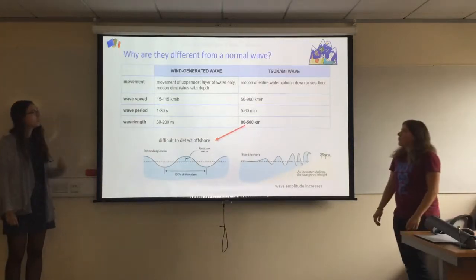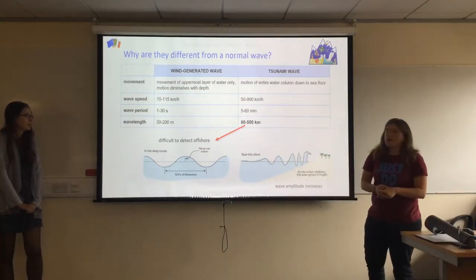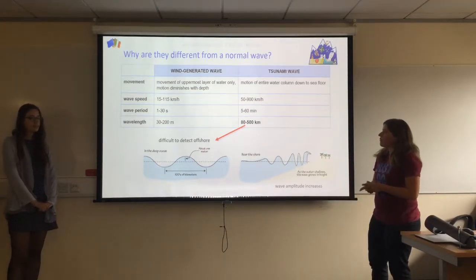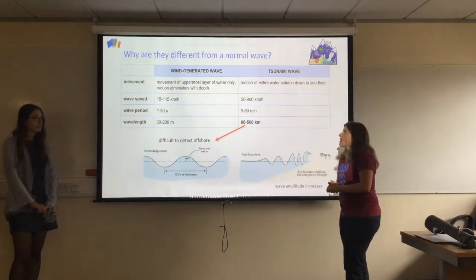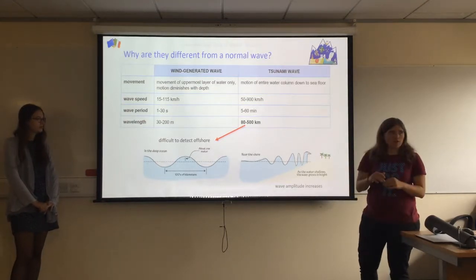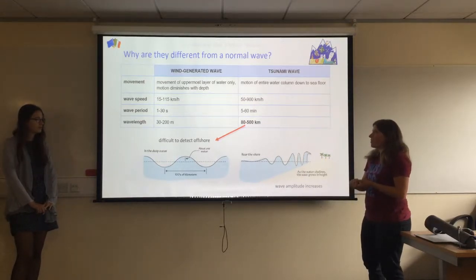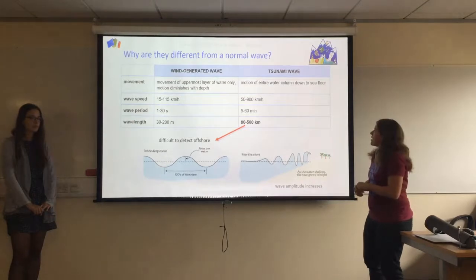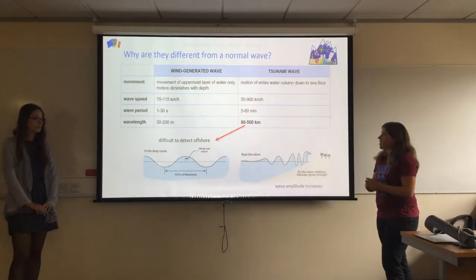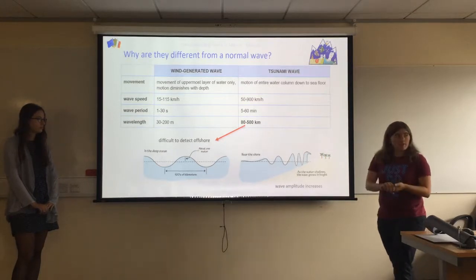Okay. We have to define the difference between a normal wave and a tsunami wave. First of all, the movement. In a wind-generated wave, the movement takes place just in the uppermost layer, and the motion diminishes with depth. In a tsunami wave, the motion is in the entire water column down to the seafloor.